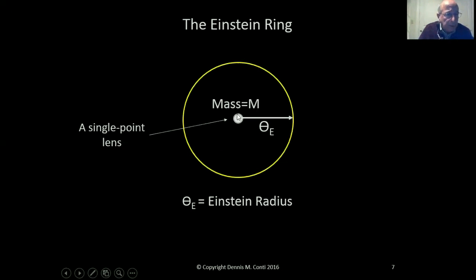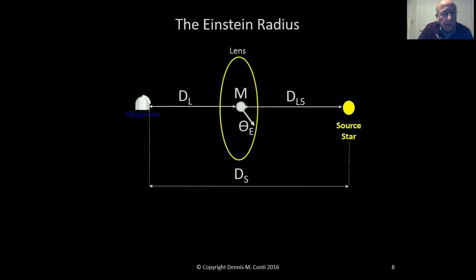For simplicity, let's just say we have a single point. There is a well-defined radius that will affect light coming anywhere near or through this ring, called the Einstein radius. And we'll see in a minute the formula for that radius.